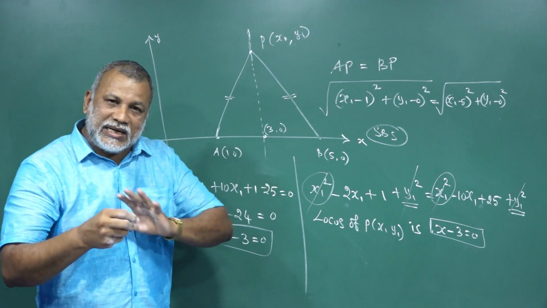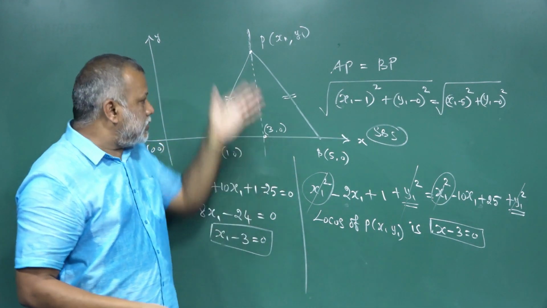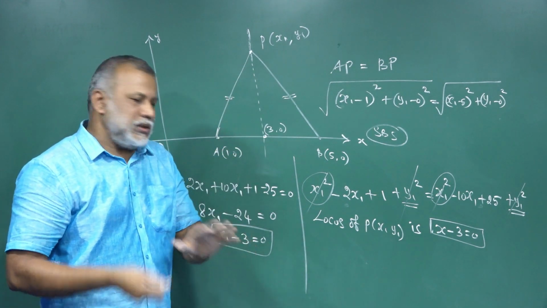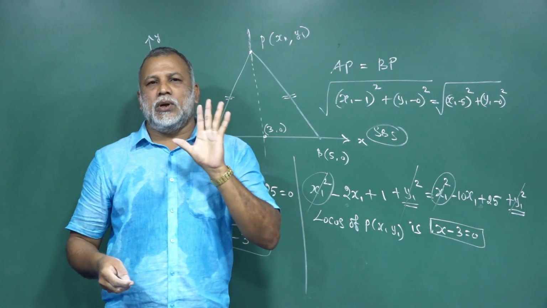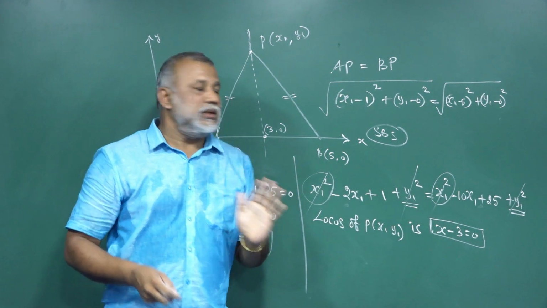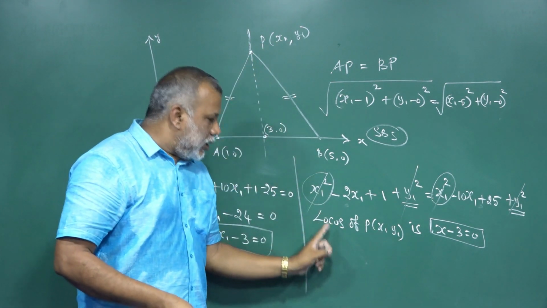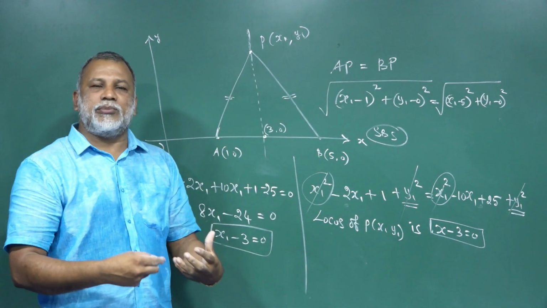You have to understand everything. Understand the words, so apply the conditions. Dear students, it is an introduction: what is the name of locus, what is the meaning of locus? See the sentence, locus of P(x1, y1). Initially it is considered a fixed point.